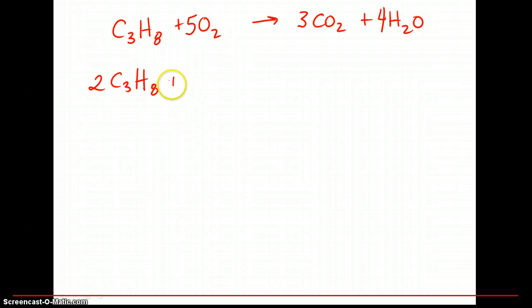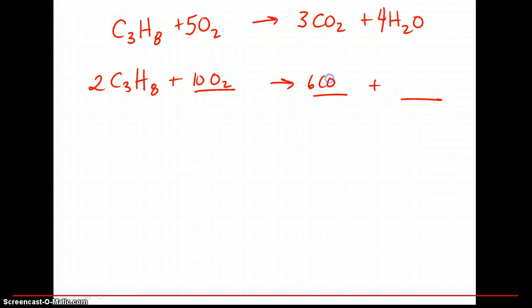Well, in that case, you probably will quickly realize that you need to have 10 moles of oxygen, 6 moles of carbon dioxide will be produced, in addition to 8 moles of water. Let's do one where we have maybe half of that.